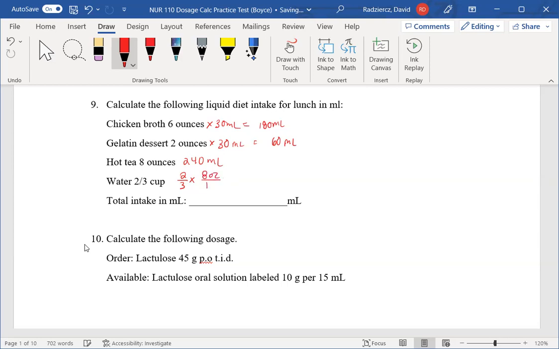And then I'm just going to convert the ounces to milliliters. 1 ounce, 30 milliliters. And then I'm going to do exactly what I said to do before. I'm going to say 2 times 8 times 30, which gives me 480 milliliters. Then I'm going to divide by 3. And so that brings it all the way down to 160 mL.